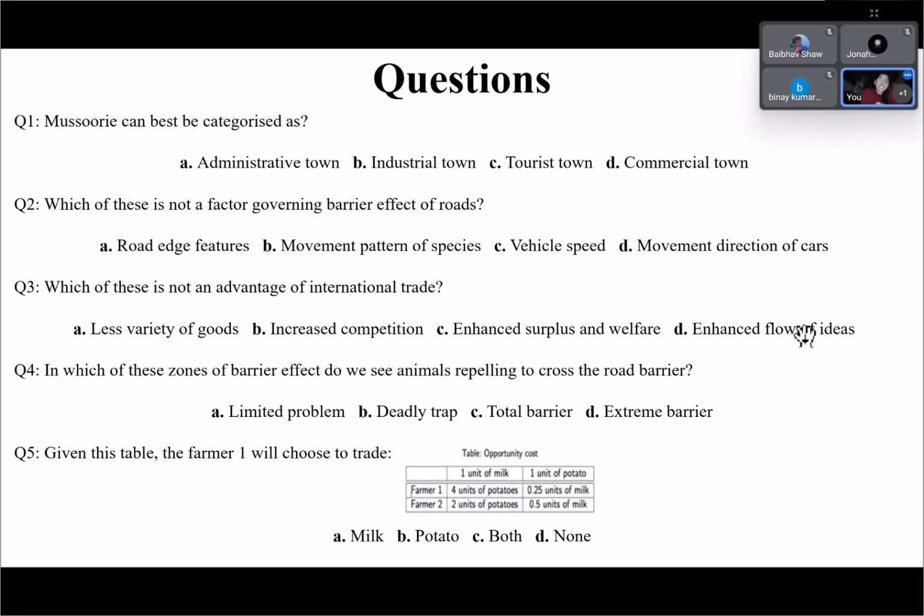Towns are basically classified based on their density, their number, their main attraction or their main function. For example, there was a slide, if you remember, which gave all these different towns names based on their property. Some town like Kota is an educational town, or some town like Bhilai is more of an industrial town.